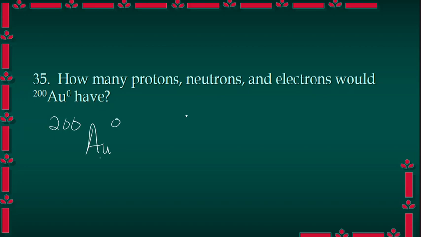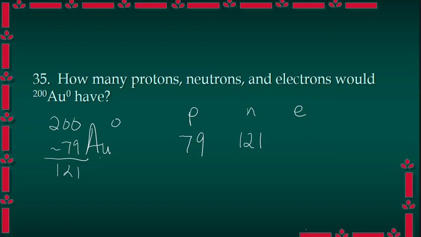Gold, how many protons does it have to have? And how do you know that? Yeah, it's the atomic number of gold. Very nice, Matthew. Matthew, how many neutrons? And how do you know that? 200 minus 79 is 121.